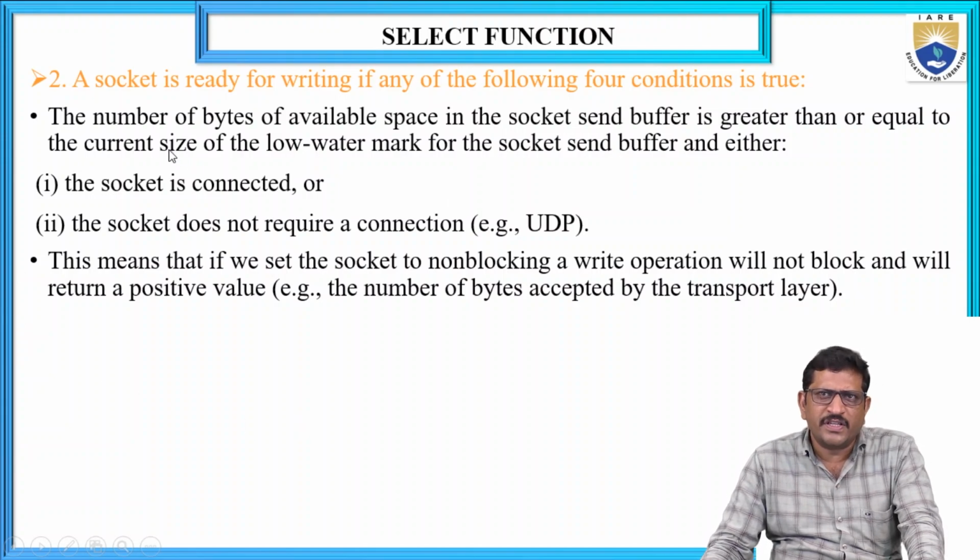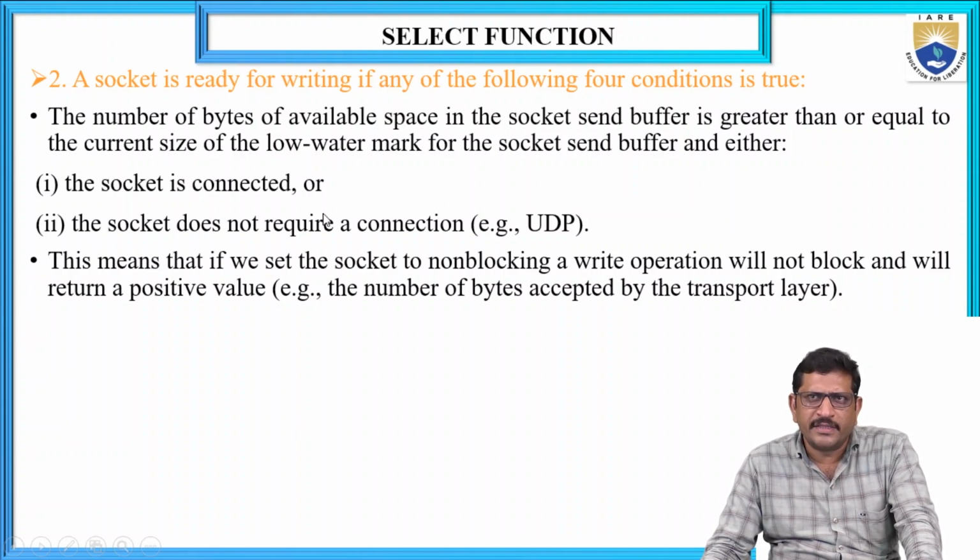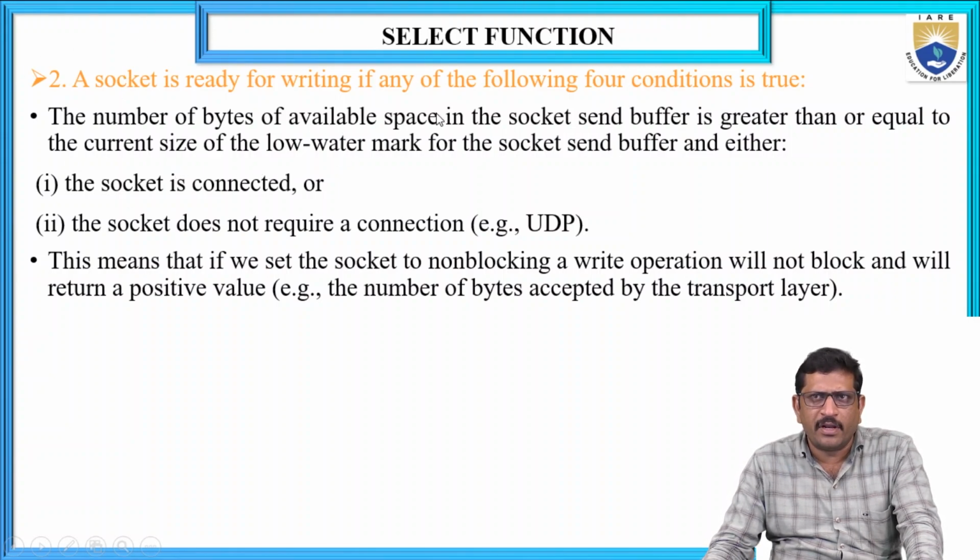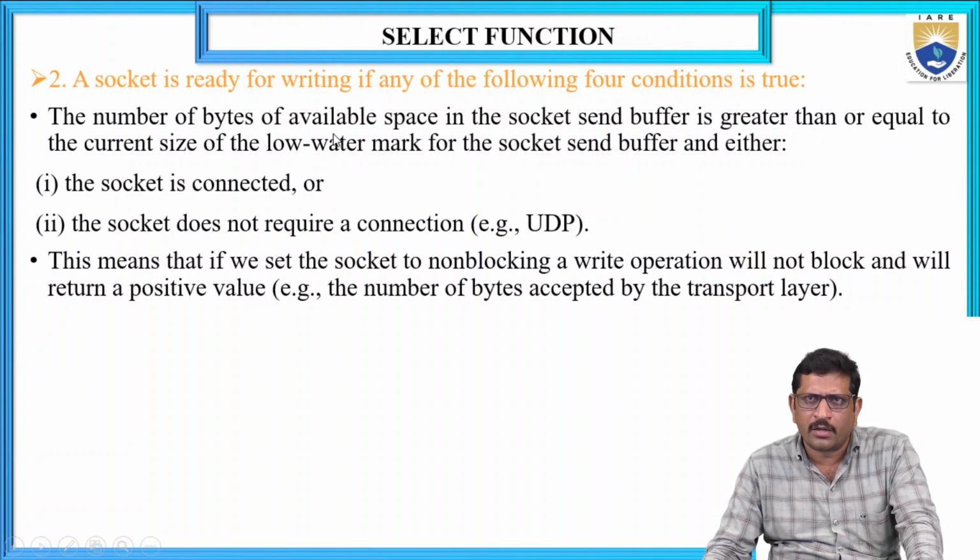The first one is when the socket is ready for performing the writing operation. Here, the number of bytes available in the socket send buffer is greater than or equal to the current size of the low-water mark for the socket send buffer, and either the socket is connected or the socket does not require a connection, that is UDP, User Datagram Protocol.